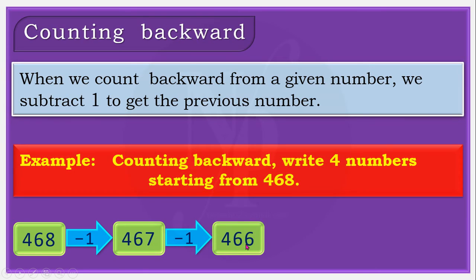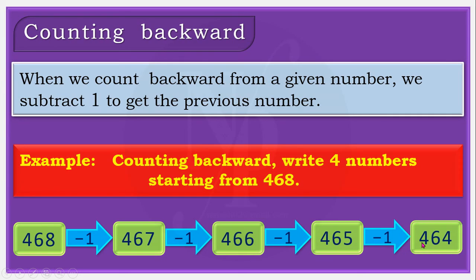And if you subtract 1 from 466, you will get 465, and subtracting 1 from 465, we will get 464. So like this, we can write 4 numbers starting from 468 counting backward.